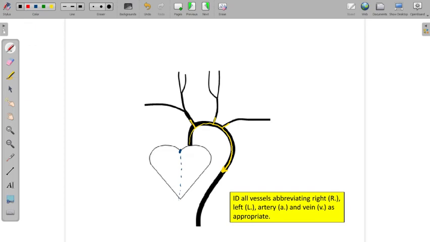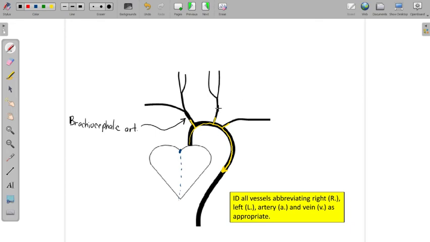So this first branch is the brachiocephalic. It's called a brachiocephalic artery. Sometimes it's referred to as a brachiocephalic trunk. And that is this first one right there. That's our first branch coming off of the arch.